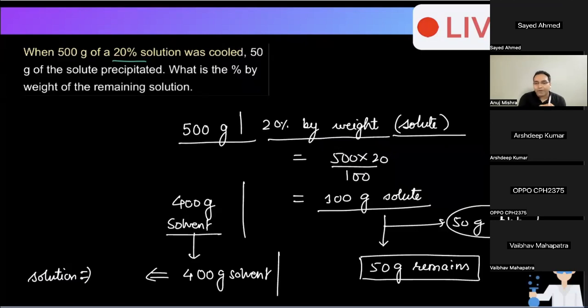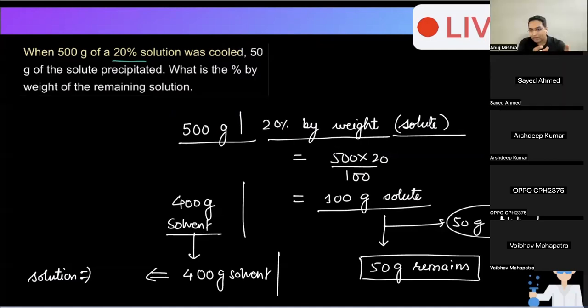This 100 gram of solute is there initially. But when you cool it, 50 gram of solute gets precipitated. Precipitation is outside the solution. It's not part of the solution anymore because solution is in one phase. So 100 was there, 50 got out. So what is remaining? 50.